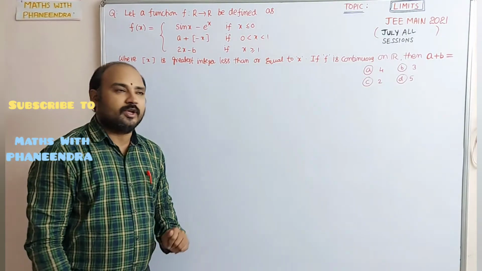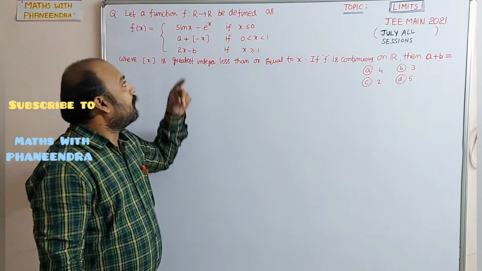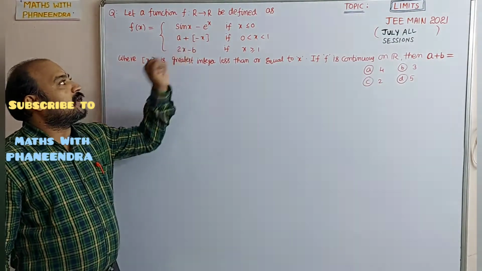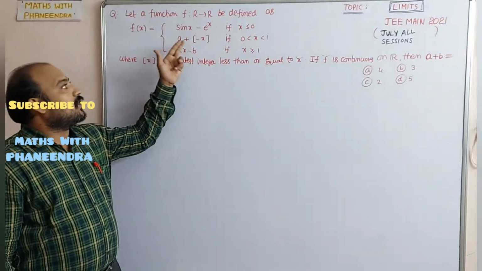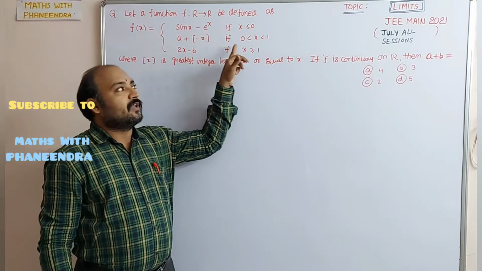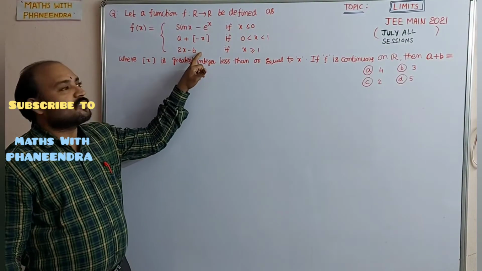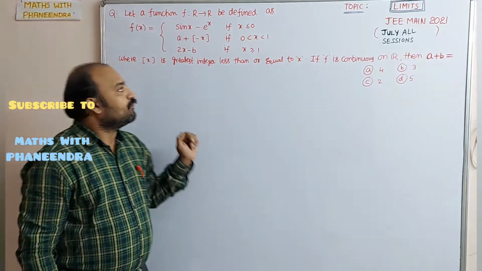The first question here. Let a function f from R to R be defined as f of x equal to sin x minus e power x if x is less than or equal to 0, a plus step of minus x if 0 is less than x is less than 1, 2x minus b if x is greater than or equal to 1.